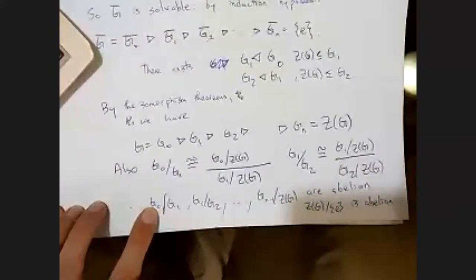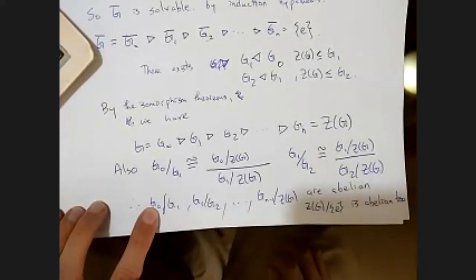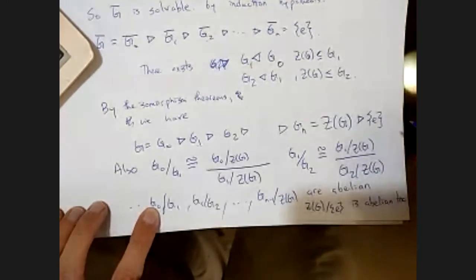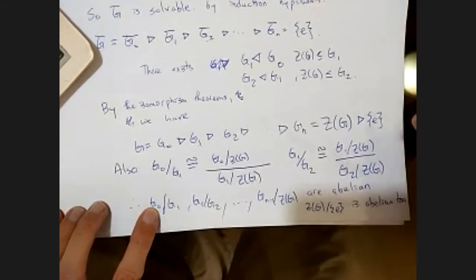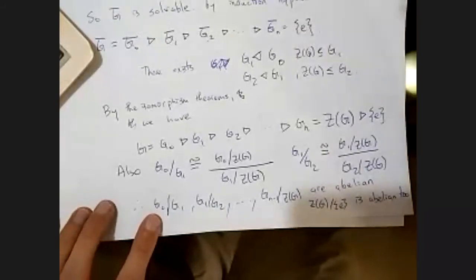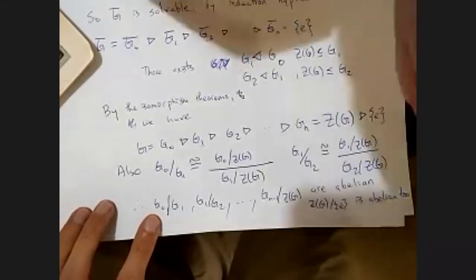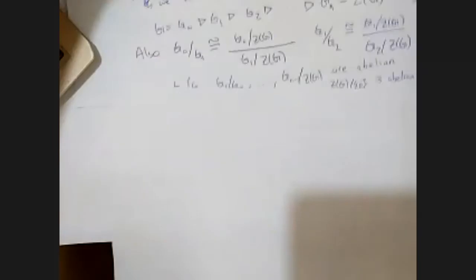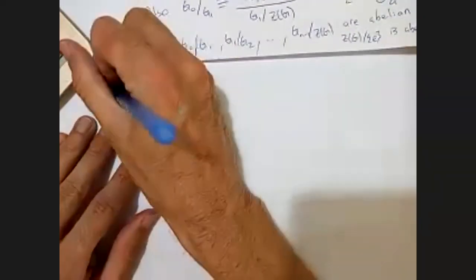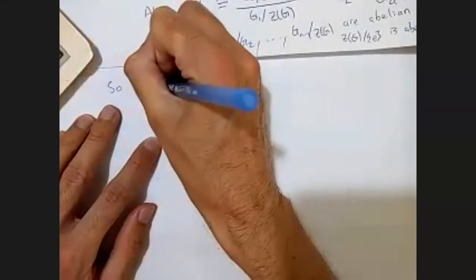Oh, I went off a little bit again, sorry. Okay, the center of G is abelian. So now if I just add on to the end the trivial subgroup, I have an abelian series for G. In other words, G is solvable. So G is solvable.